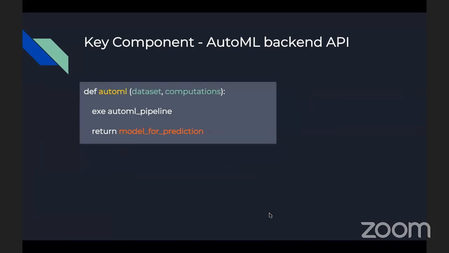So let's zoom in on the AutoML part of this product. Actually, the high-level backend API looks like this. There are only two inputs of AutoML. One is the data set itself, like where's the data and where's the metadata.